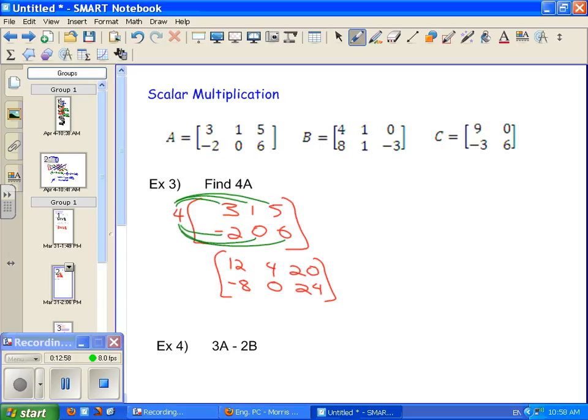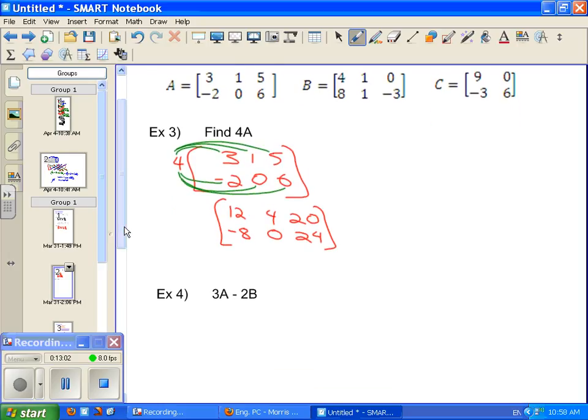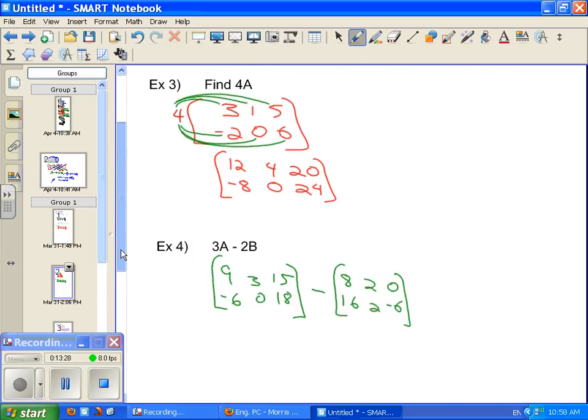Pretty easy. All right, and then you can combine the different things together. So if I had 3A minus 2B, that means I need 3 times my A matrix. So that's going to be 9, 3, 15, -6, 0, 18, minus 2 times my B matrix. So I'm going to get 8, 2, 0, 16, 2, -6. And then I would subtract those.